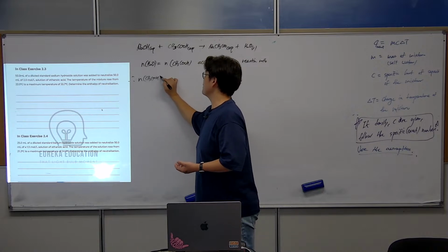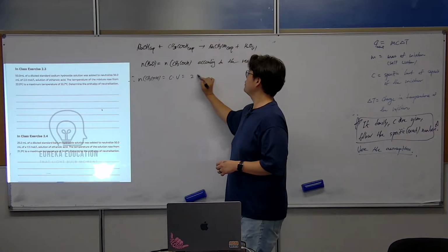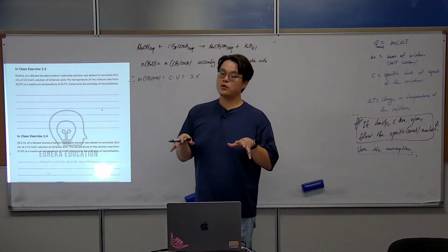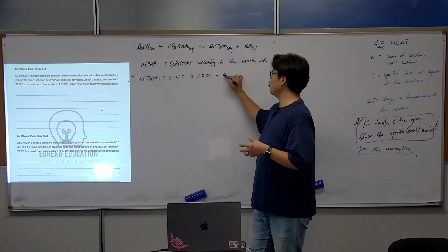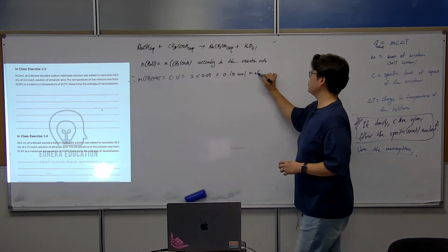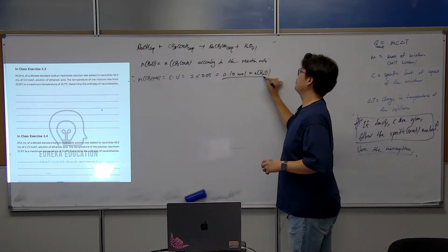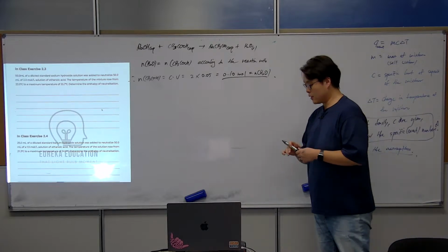Let's write it down for now. CV, the concentration that you're given, 2 mole times that. Now, converting 250 mL to liters is 0.05. That gives you 0.10 mole. That is the same as n of the H2O.